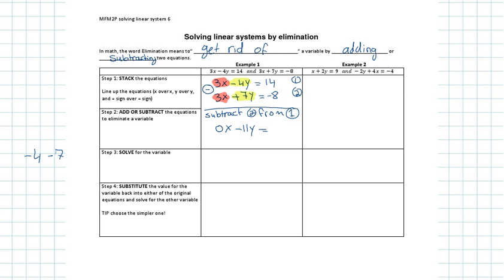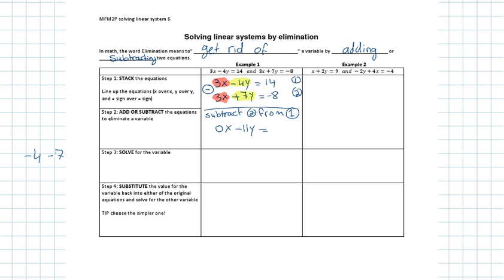What do you get? 22. So, on the calculator you should put this. 14 minus negative 8. Got it? Okay. I forgot to put the minus. Yes. And that's very important. Okay?